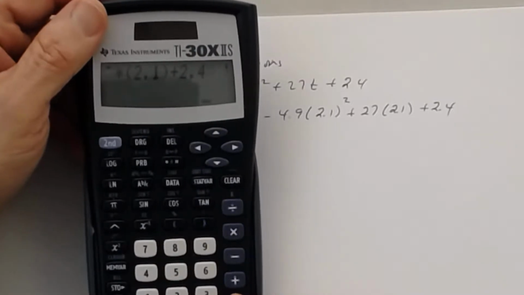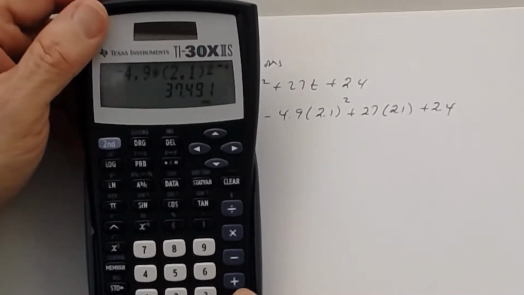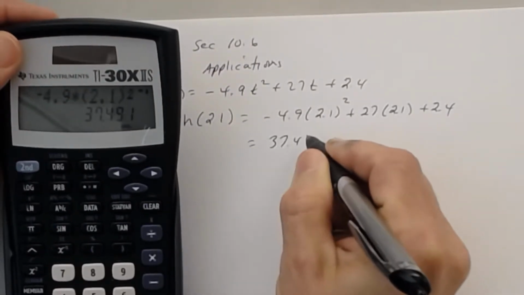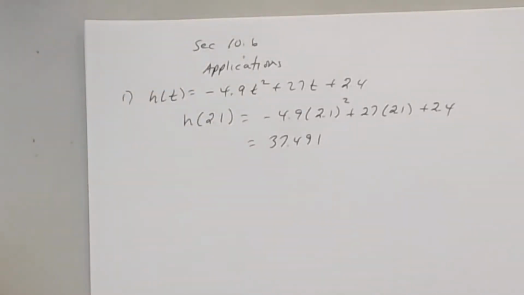If you use your calculator, you should have gotten 37.491. That's what you would have done on that worksheet you turned in, right? But now they want you to interpret what this means in terms of the context of the problem.